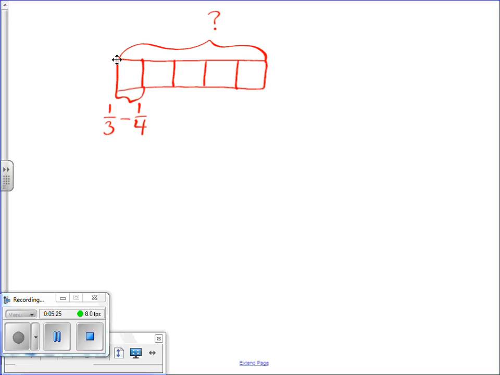So this is like those problems where we were trying to find the magic number, where we would say 1/5 of the total, of the magic number, is 1/3 minus 1/4.